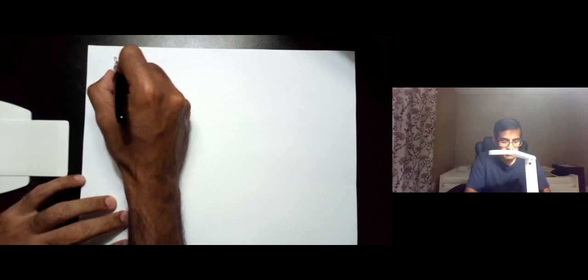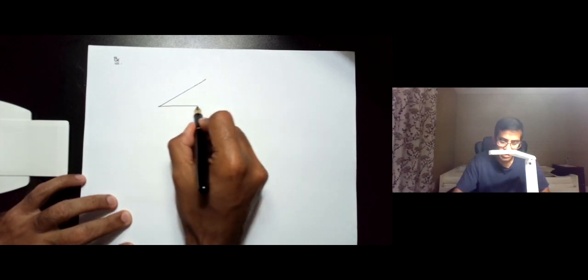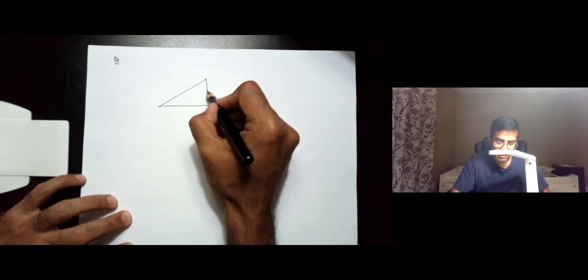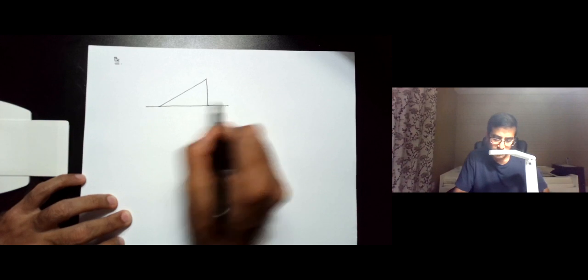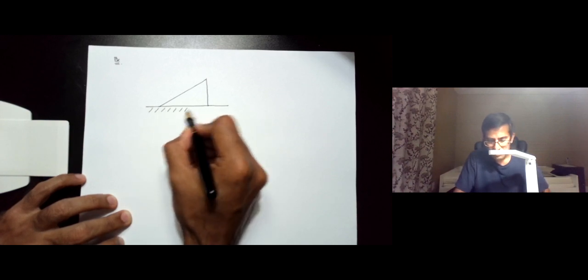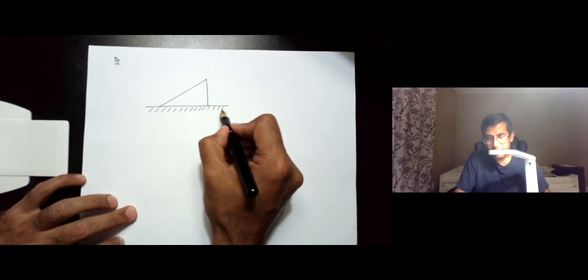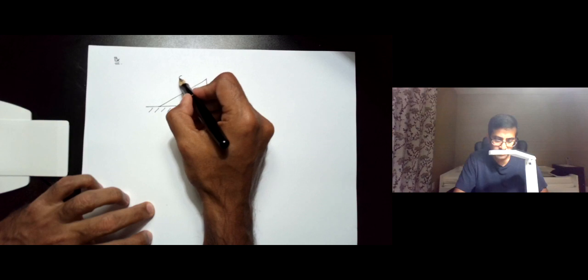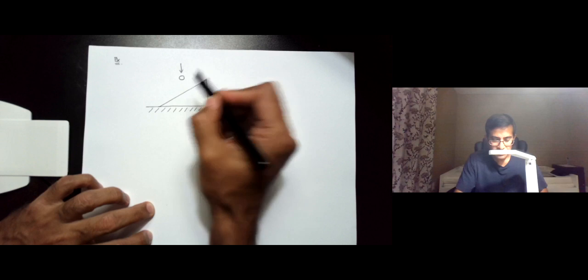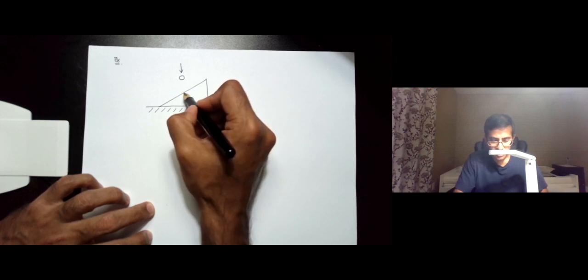So here we have an inclined plane, okay, and this inclined plane is resting on a horizontal surface, and there is a particle that falls vertically and hits this inclined plane with a velocity of v0.